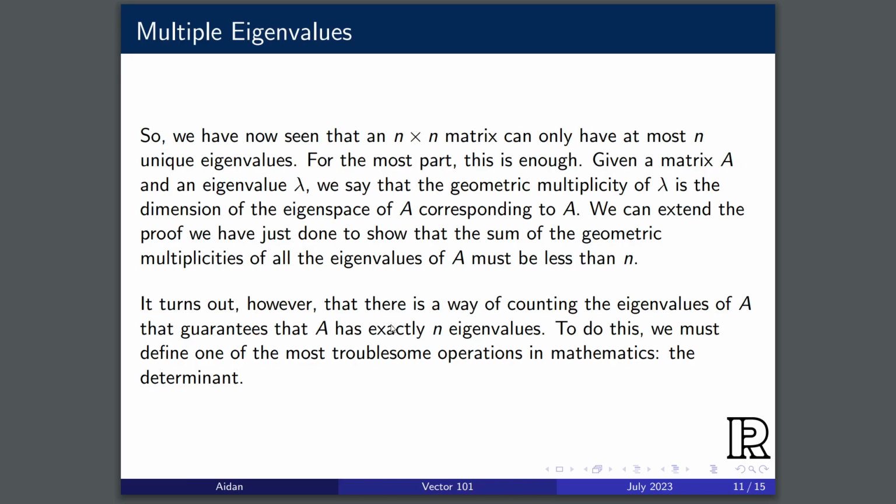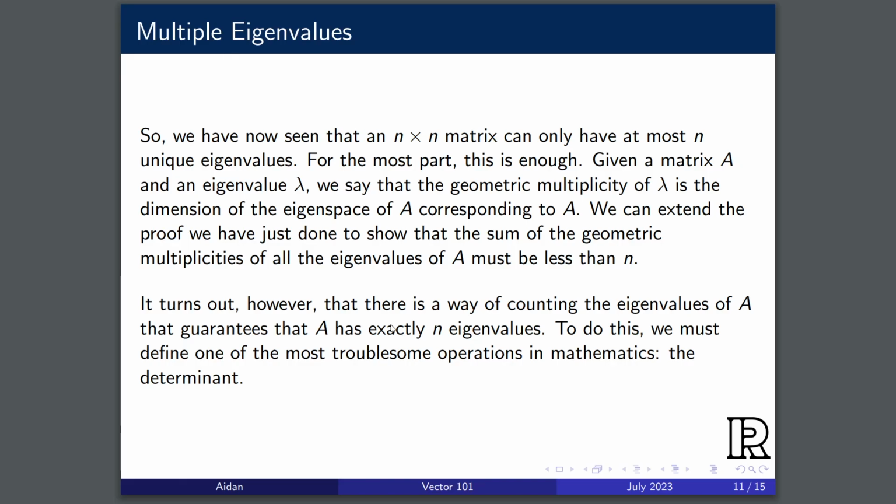And so you can have these cases where you only have one eigenvalue. It turns out that you must have at least one eigenvalue, but you can have these cases where there's only one eigenvalue.